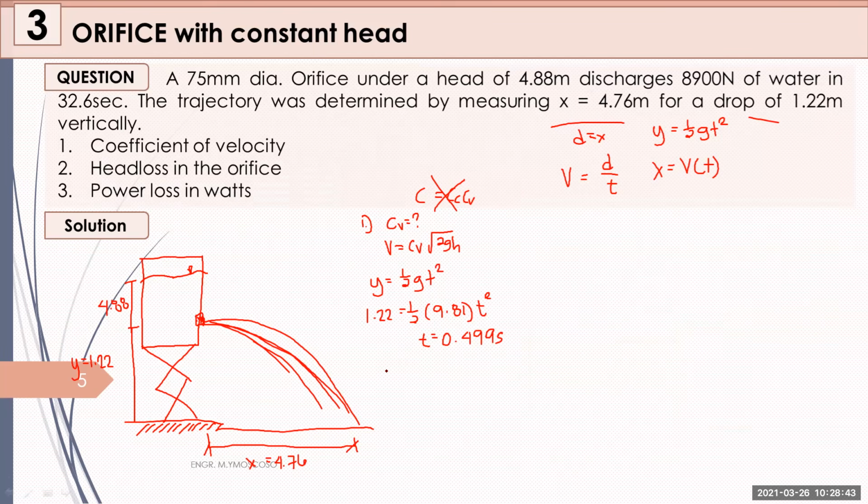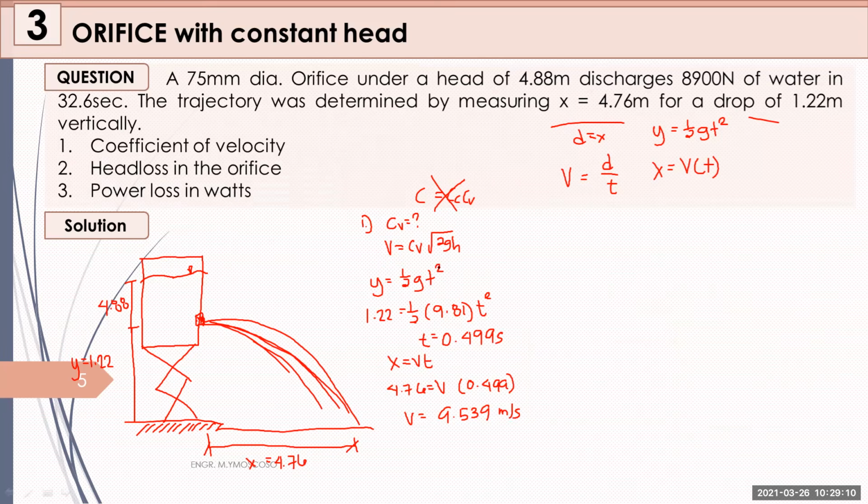So let us try to have your x is equals to vt, where your x is 4.76, yung velocity natin, times yung time na na-solve natin, which is 0.499. Therefore, your velocity, that would be equal to 9.539 meters per second. Okay?